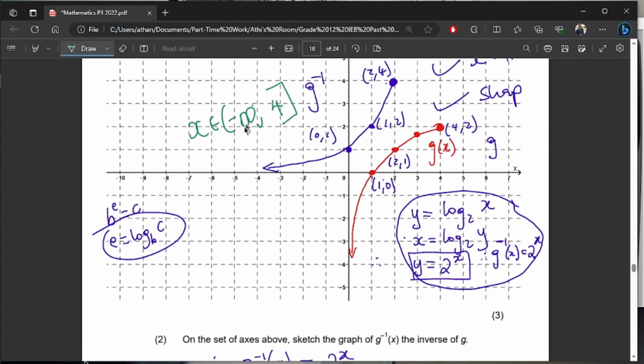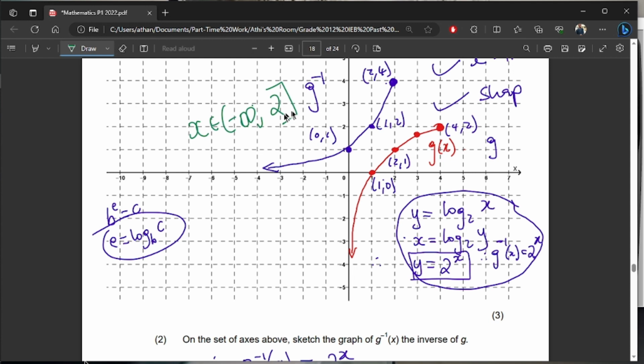Okay, x moves all the way from negative values, but when it reaches, no, not 4, sorry, when it reaches 2, it stops. So let me remove that 4 and 2. That becomes the domain of the inverse.